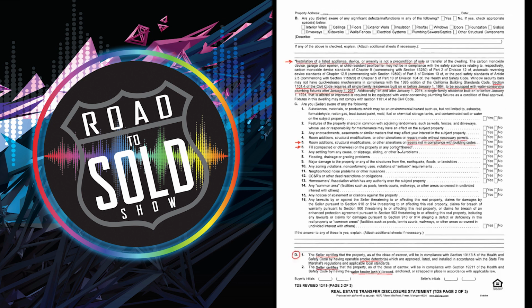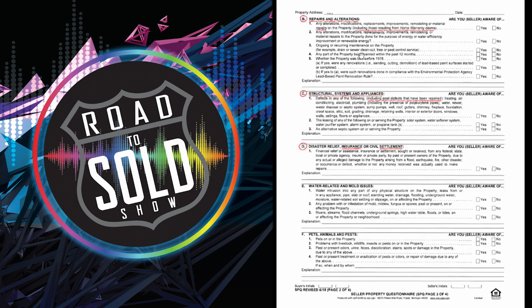On the TDS, there's two places that repairs are discussed. So any repairs that were made that might not have had permits pulled when that was required, or repairs that were made that might not have been in compliance with civil code, that must be disclosed. In the SBQ, it's even more extensive.